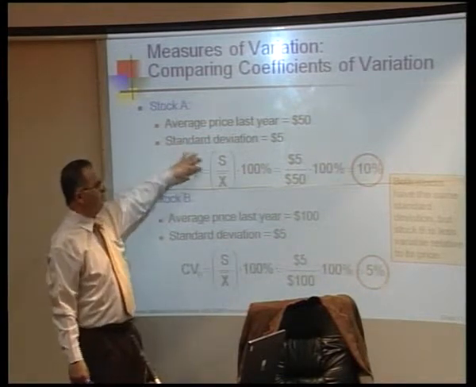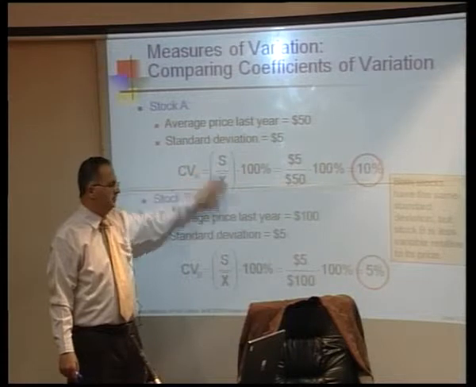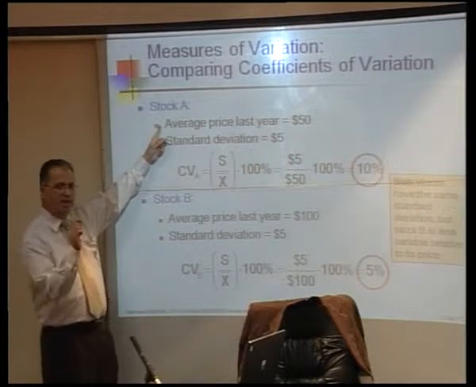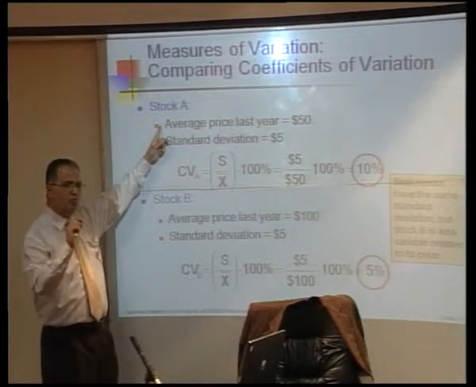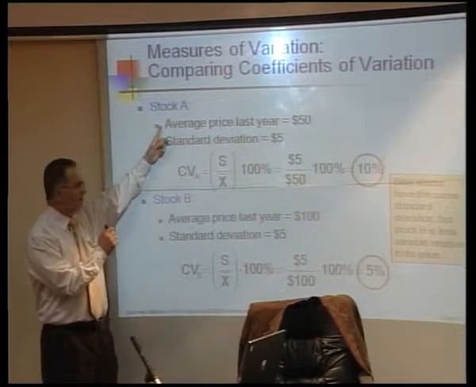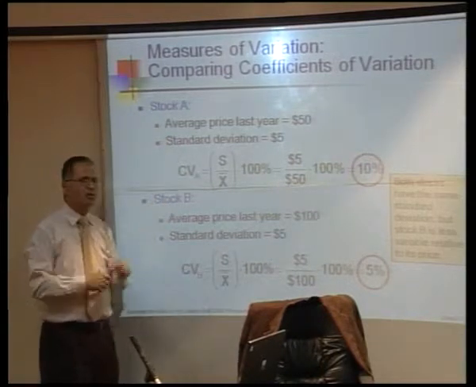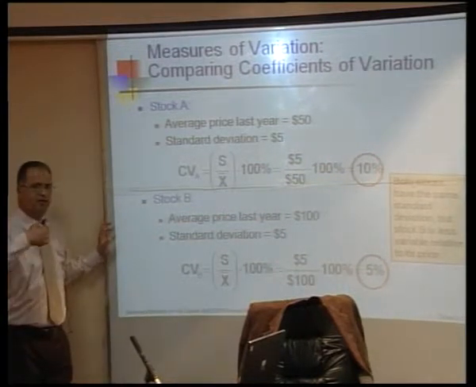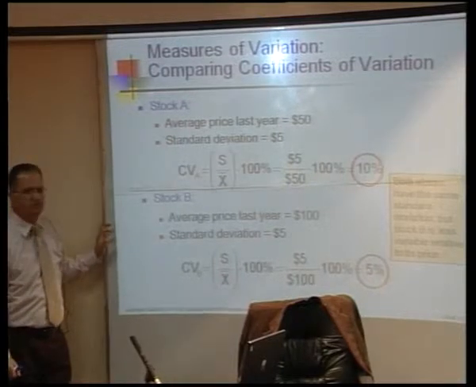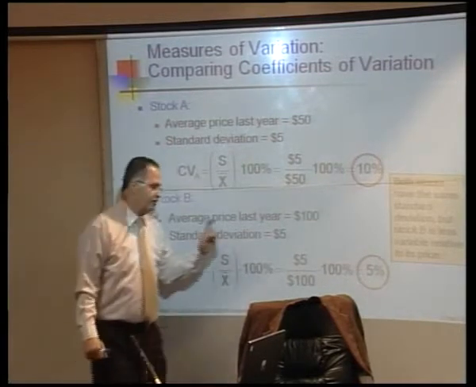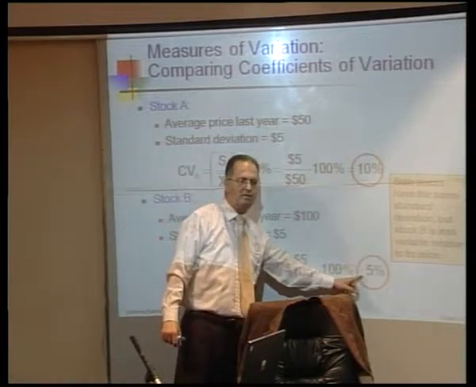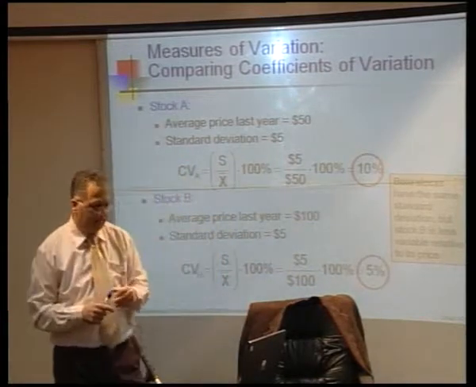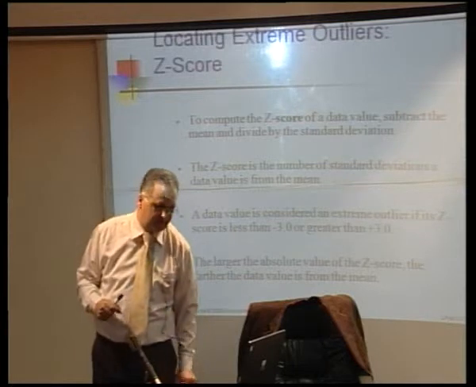So CV for A is greater than CV for B. That means prices of stock A are more spread than stock B. That means stock B is more stable, because it has less variability in the data. So in this case we can compare different data sets.